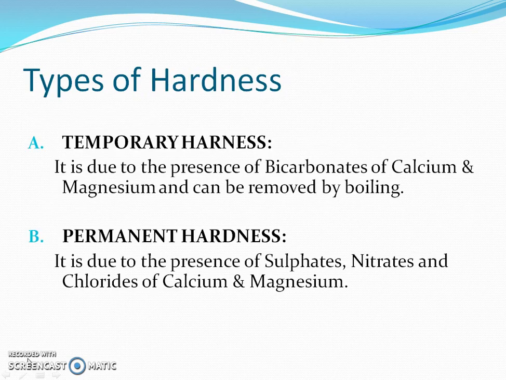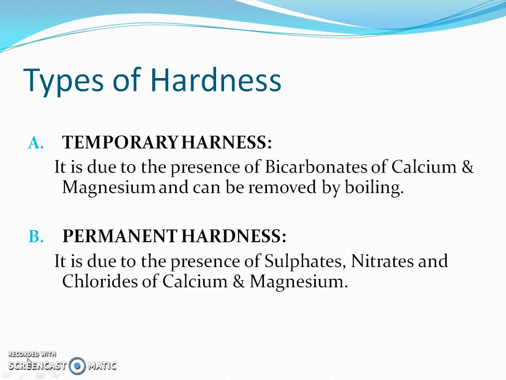What are the types of hardness? There are two types of hardness, namely temporary hardness and permanent hardness. Temporary hardness is due to the presence of soluble bicarbonates of calcium and magnesium and can be removed by boiling.